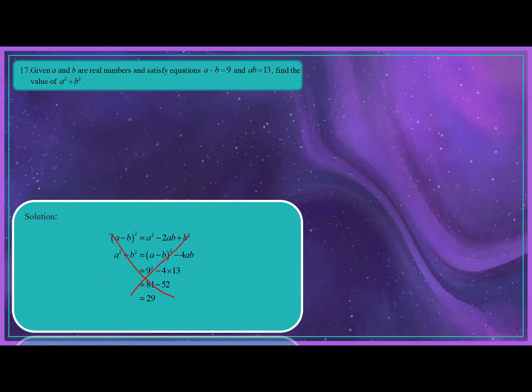From here, our a squared plus b squared is 107, and our given was a minus b equals 9, and ab equals 13. I need you to find a to the 6 plus b to the 6.